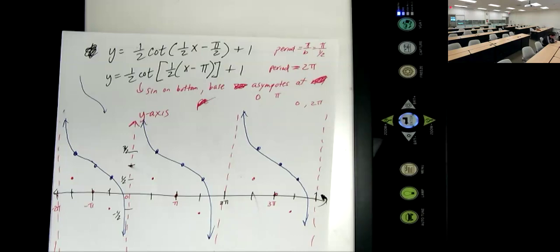I'm kind of confused about the asymptote. So 1/0 would be tangent. 1/0 happens at pi over 2. At pi over 2, we just make a vertical dashed line. It's a line we don't cross. Do you remember asymptotes from algebra?